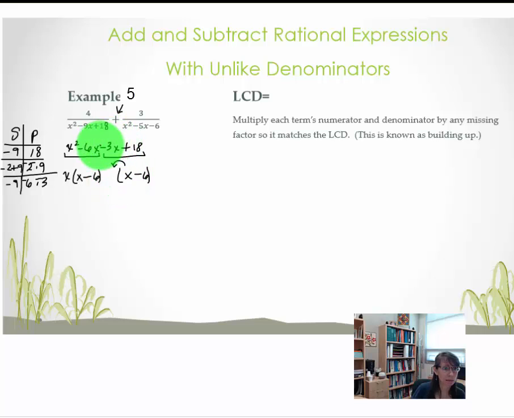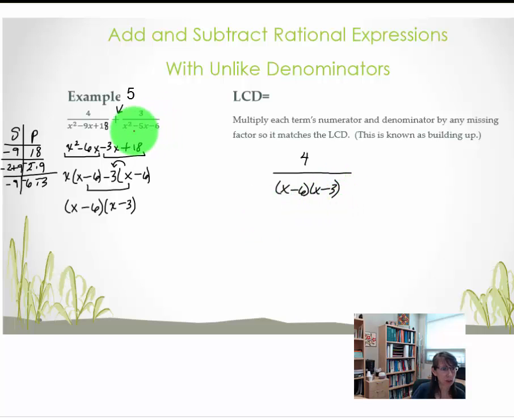Filling in that gap, I'm trying to match minus 3x, so a negative 3 is needed. My common factor becomes x minus 6, and that other factor is x minus 3. So I can rewrite the first term in this addition as 4 over quantity x minus 6, x minus 3.